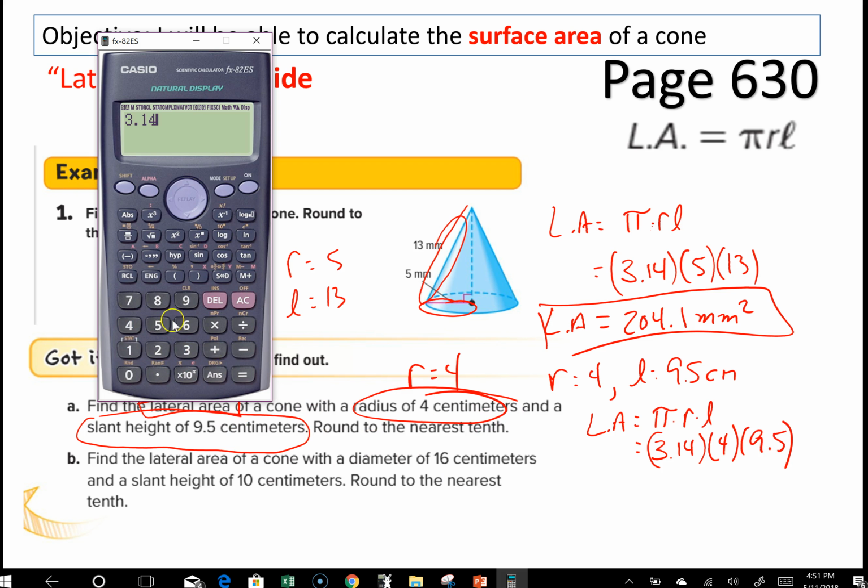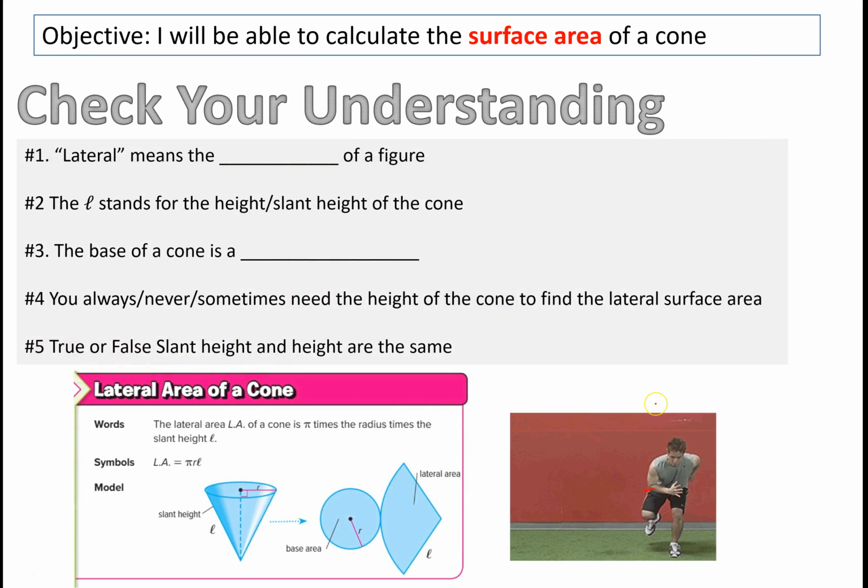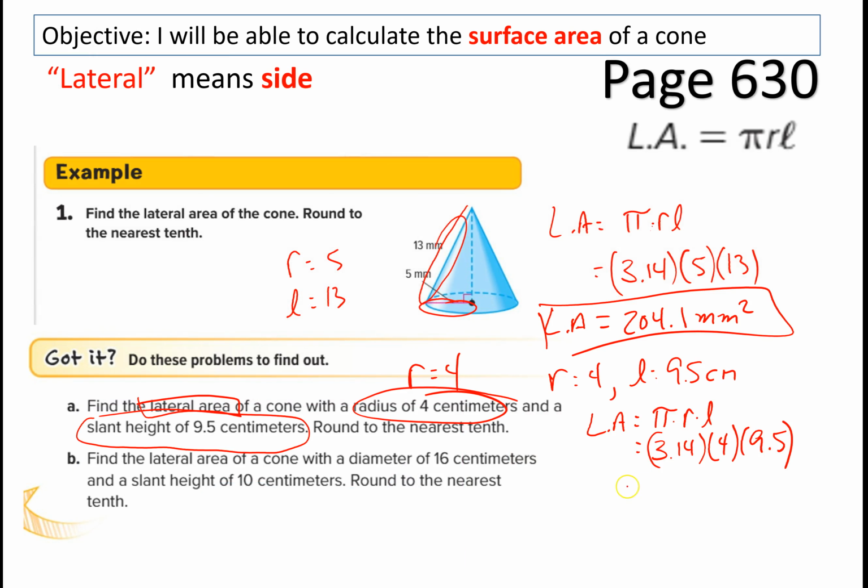That gives us 119.32, but it says round to the nearest tenth. So I look at this one, and since this number is less than 4, I stay at 3. So it's approximately 119.3 centimeters squared.